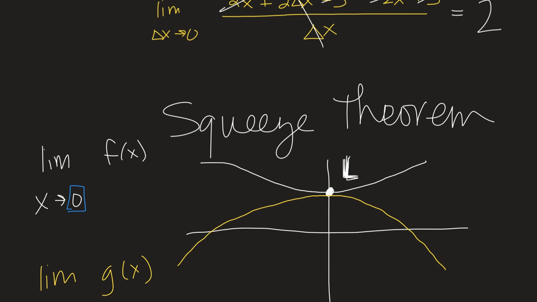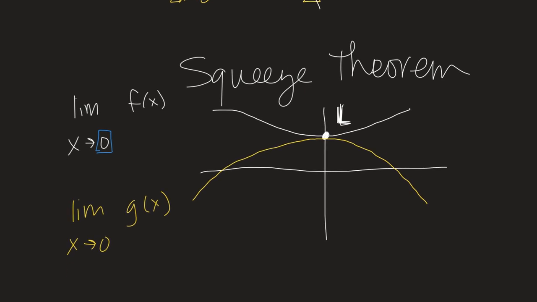Okay, so imagine, if you will, use your amazing imagination, that there's some third function. We'll call this third function h. And we know that all the values of h are less than f and greater than g. Okay, so this function h is somewhere in between your white line and your yellow line everywhere.